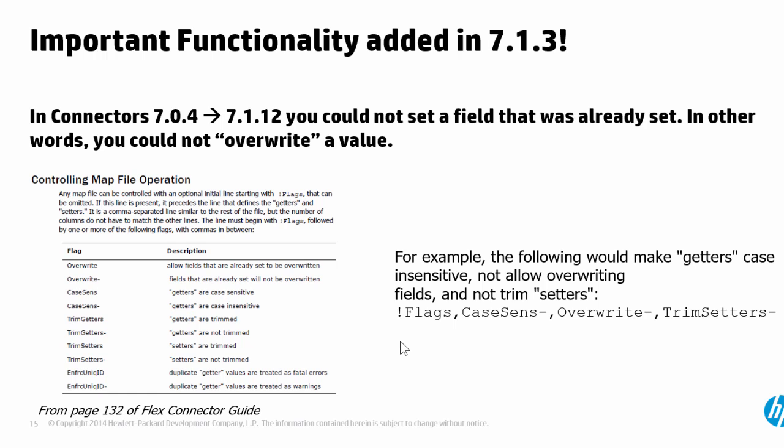So in my case, where I wanted to overwrite event.name, I would have overwrite as one of my flags, so then I know I can explicitly overwrite event.name. So again, this was added in 7.1.3. So if you're using a connector framework before then, and you're having trouble mapping, there's a good chance you're just using a connector framework that doesn't support it.